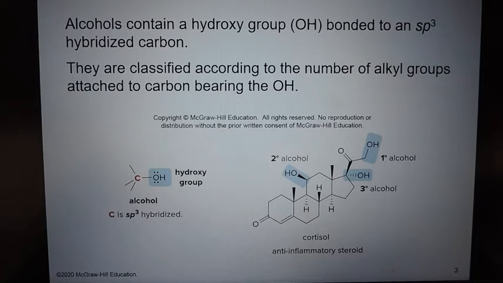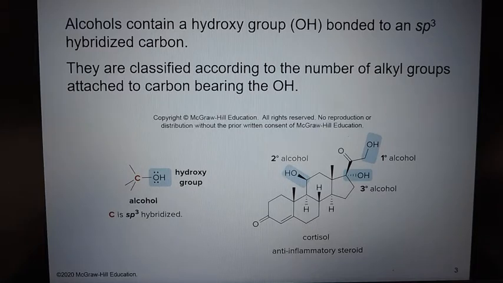Let's talk about the structure and bonding of alcohols. So what makes a compound an alcohol? If a compound has the hydroxy or OH group in it, and it is bonded to an sp3 hybridized carbon atom, then the compound is called an alcohol.